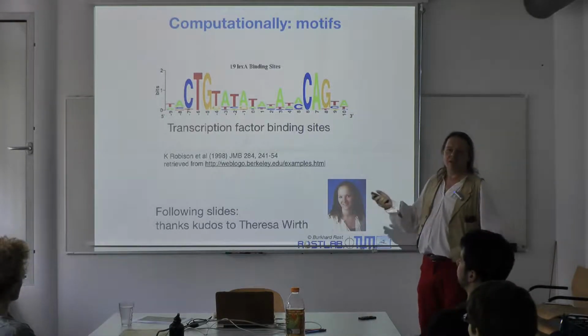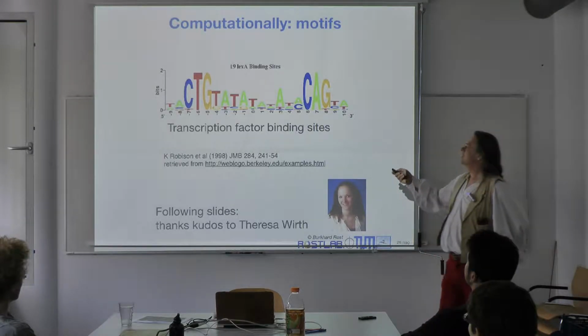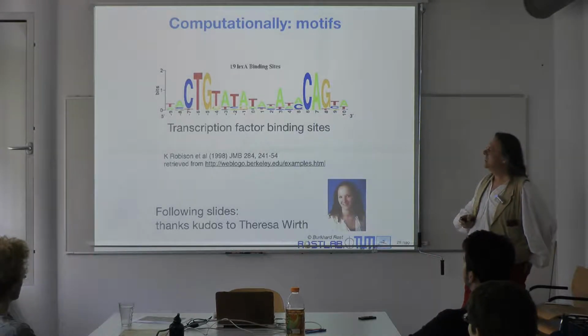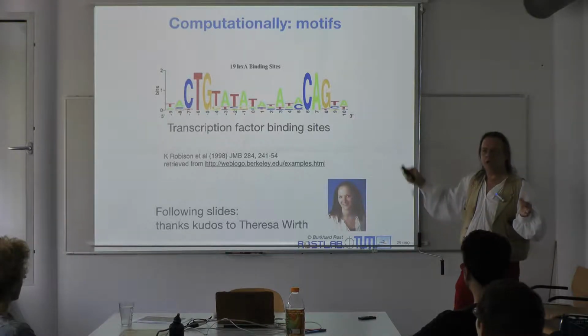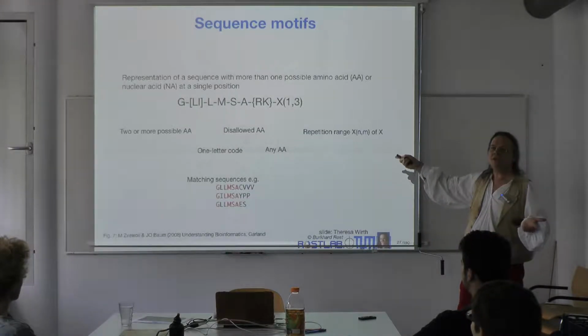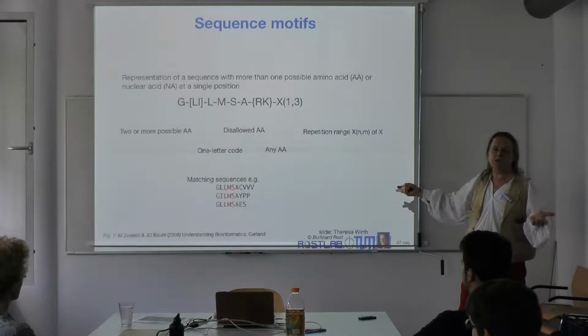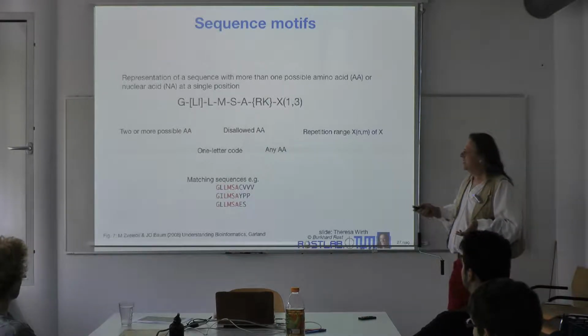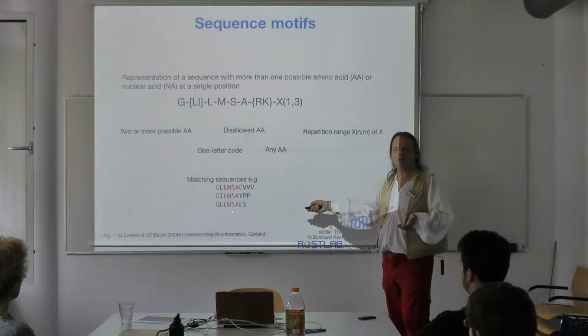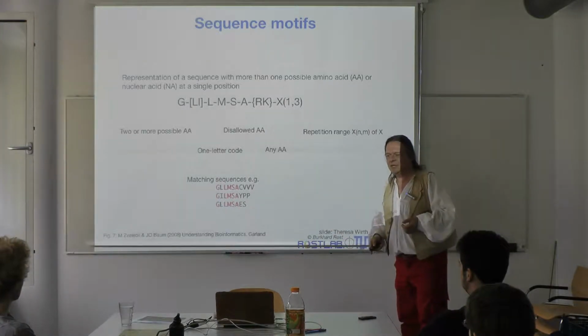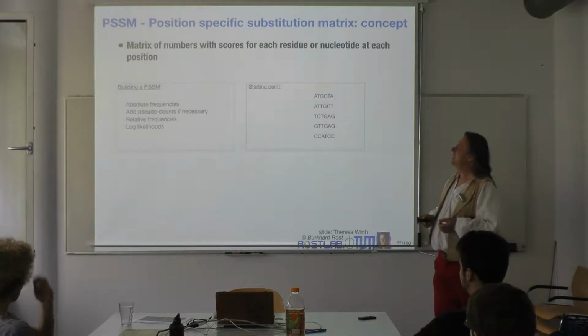The higher the letter, the higher the probability of observing that letter there. So the cysteines here, and now you can take this observation and turn it into a motif such as this one, a regular expression. The regular expression will immediately allow you to say which of these letters match. In fact, this particular one is chosen such that they all match.